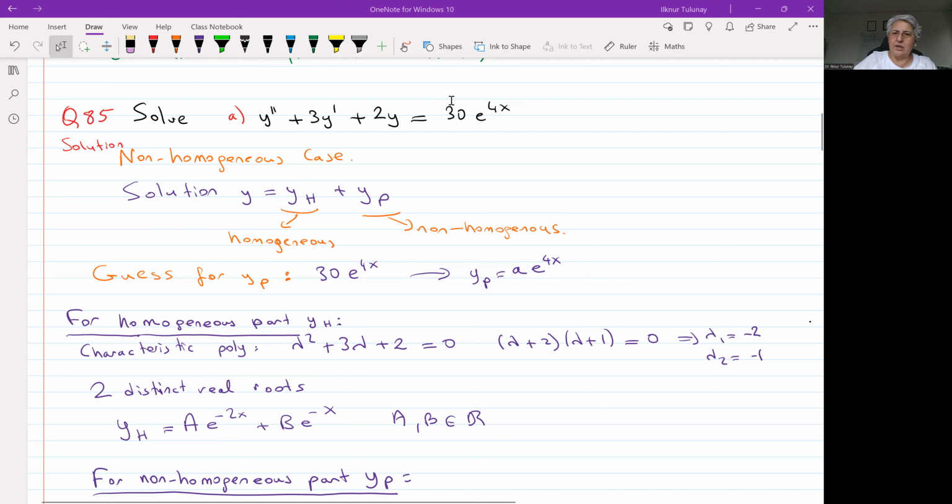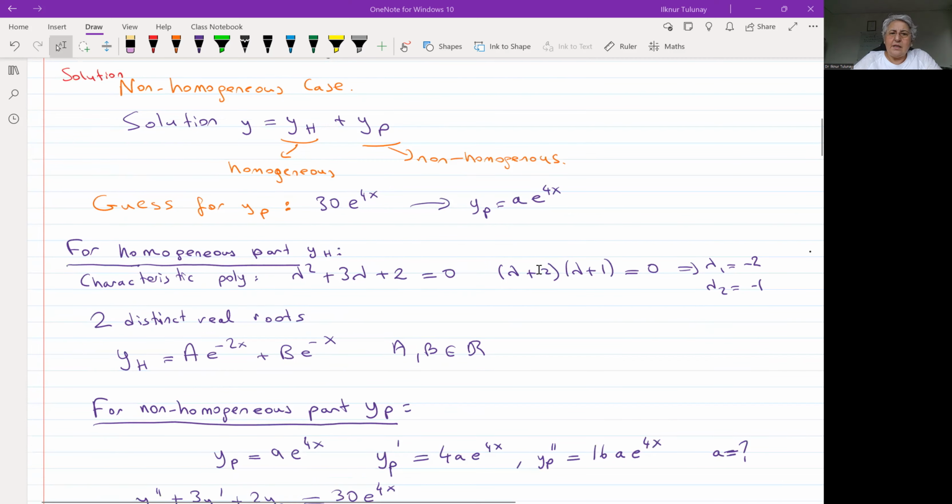And we are going to deal with the guess function. It is a constant times an exponential function. The constant term is a degree 0 polynomial, and the general form of a degree 0 polynomial is just a constant. So the guess for the right-hand side will be a constant times e to the 4x.